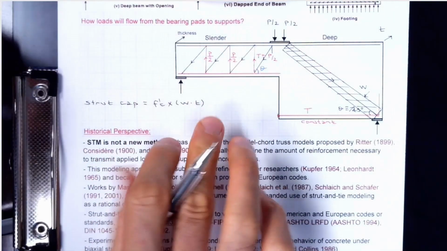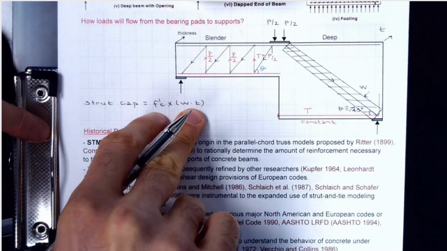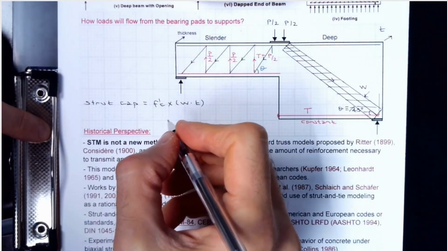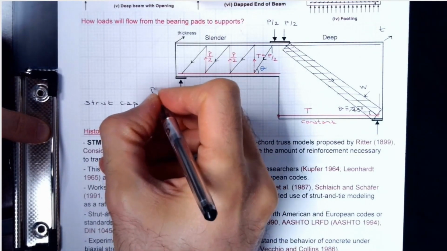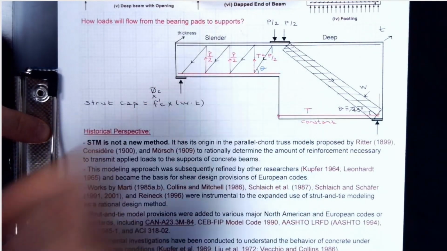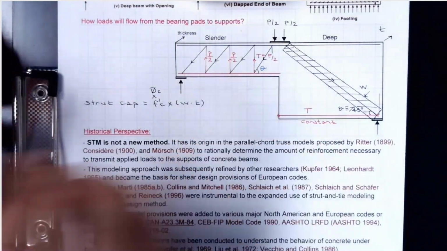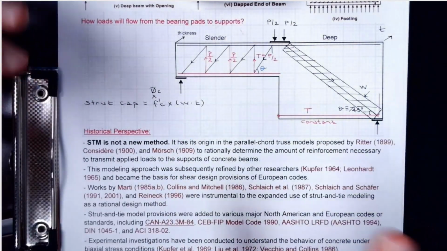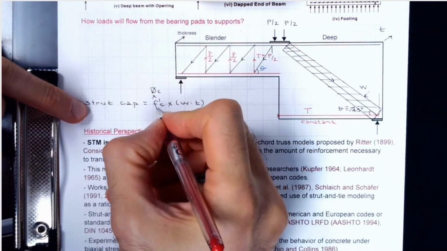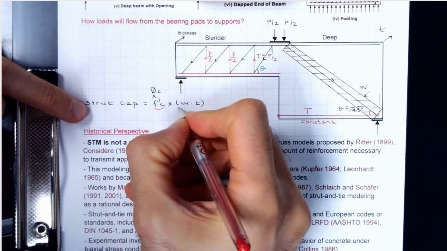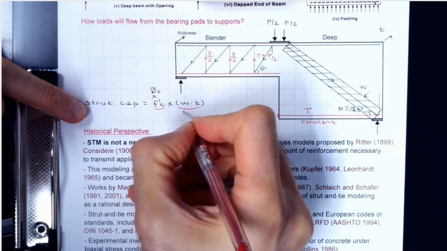So that's going to be the strut capacity. Of course, you want to factor this, maybe phi C, for safety reasons. So you don't need any code, you don't need any expressions. Your strut capacity would be concrete strength times area, strut area.